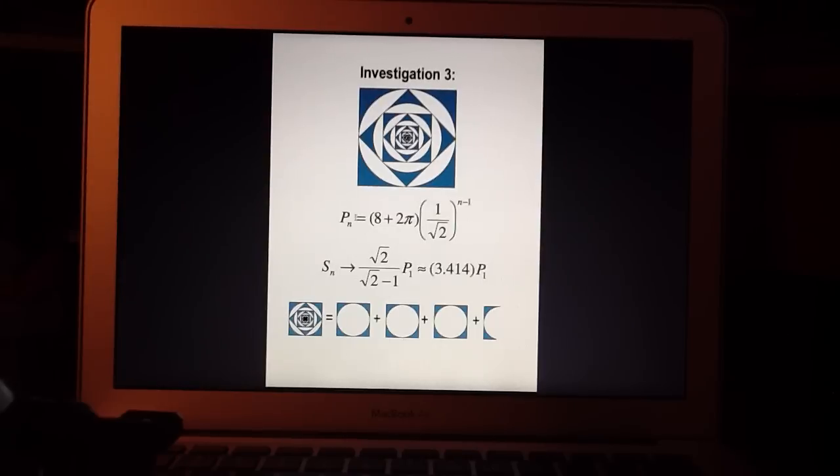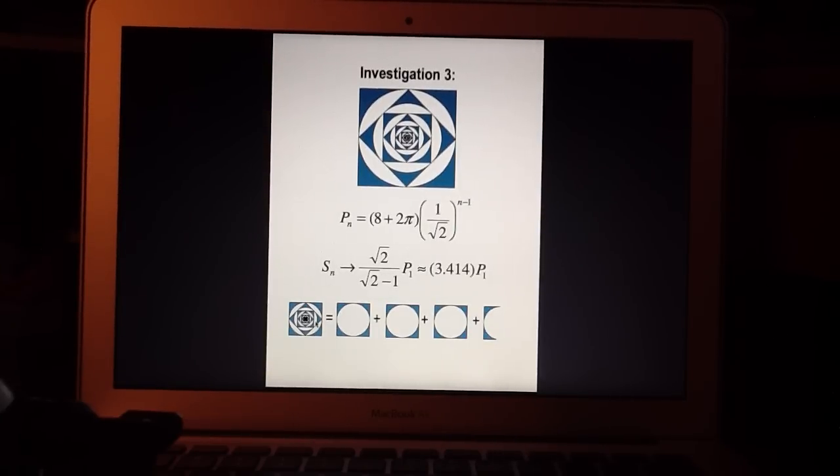So if you throw this into your geometric series formula, very similar to the area result, the total perimeter approaches rad 2 divided by rad 2 minus 1 times the first perimeter, which is really strange because I predicted that this coefficient would be a 2, yet it's not. It's this really strange and highly irrational number, approximately 3.414 times perimeter 1.